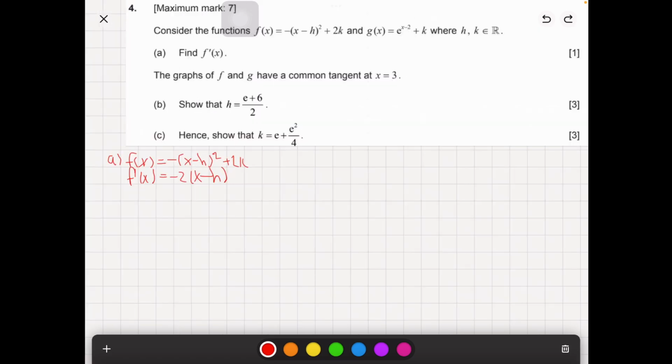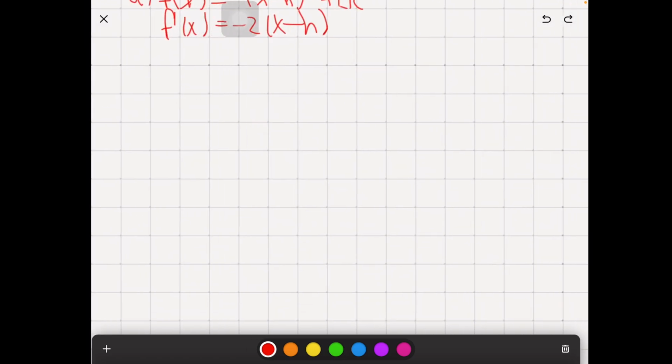Okay, now the question states that the graphs of f and g have a common tangent at x equals 3. So what exactly does that mean? Well, let me draw a quick sketch to show you.